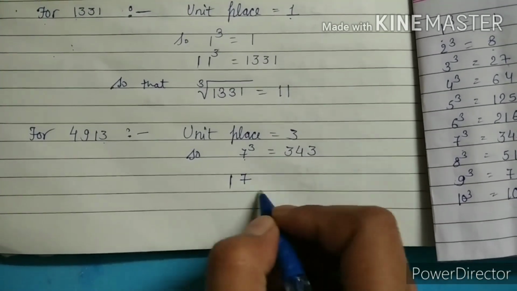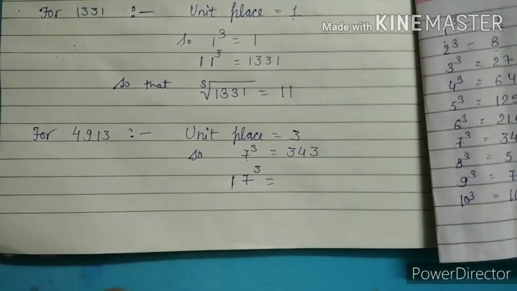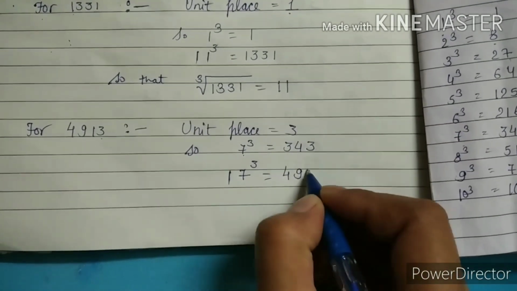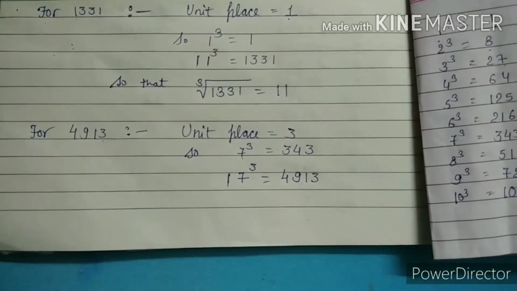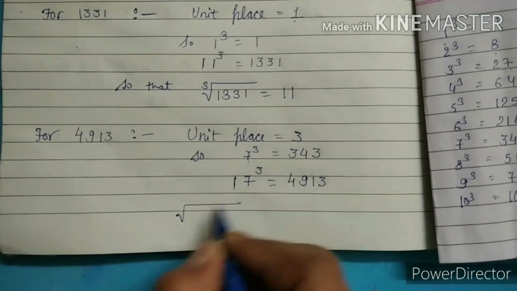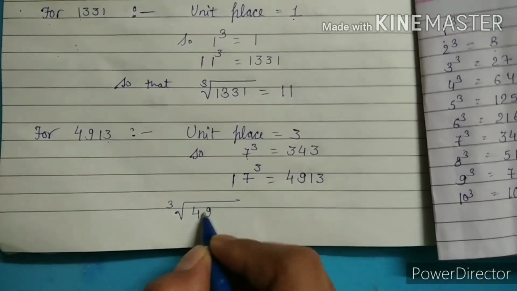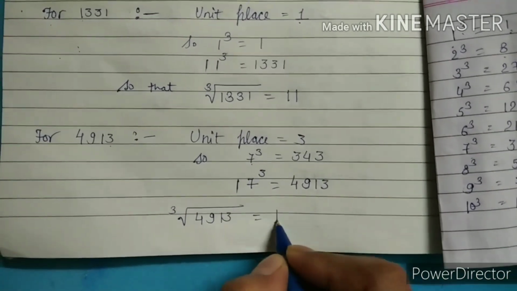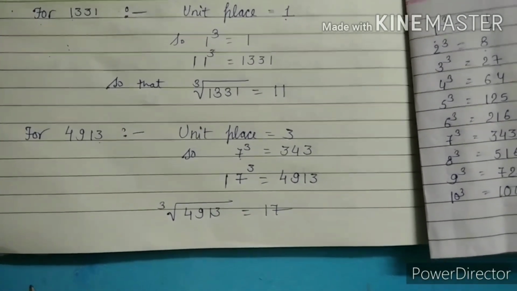So we take 17 cube, which is 4913. We got it. So the cube root of 4913 will be 17.